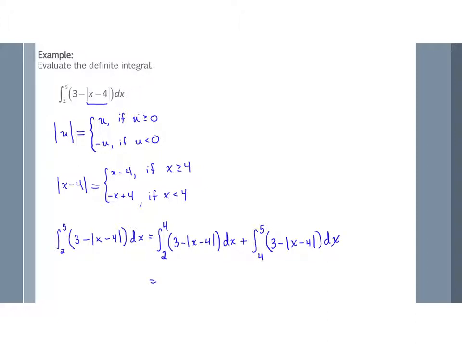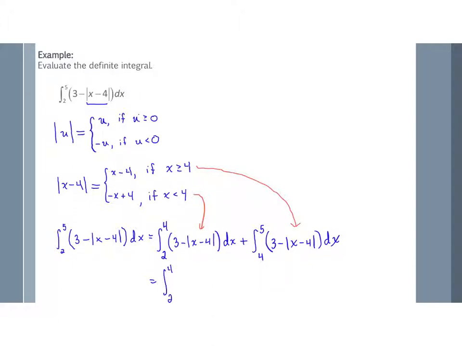Well, from 2 to 4, x is less than 4. If x is bigger than 4, which it is on the interval 4 to 5, then x minus 4 is not negative. So we can simplify these integrals and remove the absolute values.